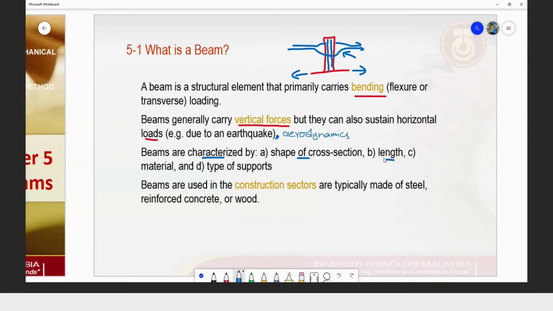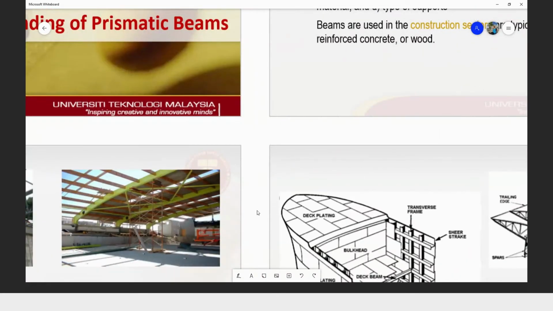The length, material ni almost common, tapi shape is much more significant difference lah between one beams and the others. Beam are used in construction sectors, are typically made of steel, reinforced concrete or wood. So this is just very brief introduction to the beam.